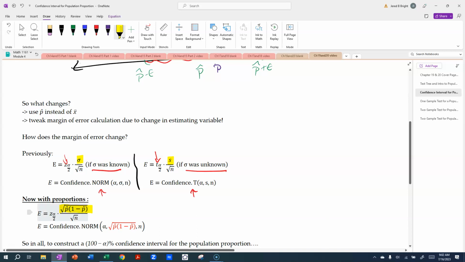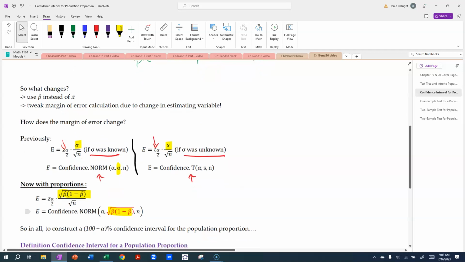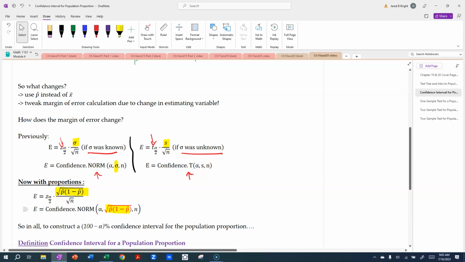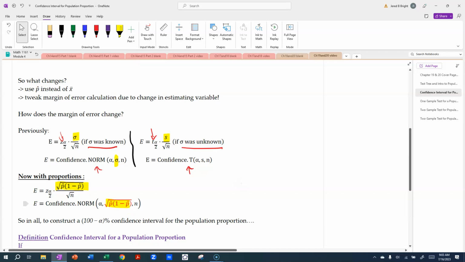Since we're using z, that's connected to the standard normal distribution, so that's why we use CONFIDENCE.NORM. Alpha would remain the same, sigma would change to the square root of p hat times 1 minus p hat, and then n. So that's how things change. Why exactly, I want to discuss in the next video.